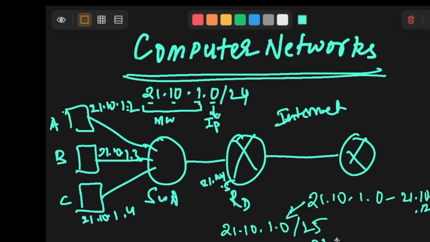That would be in the range of 21.10.1.128 to 21.10.1.255. So these could be used for engineering. And the network IP for this would be 21.10.1.128/25. So I have divided 21.10.1.0/24 into /25 networks, where I have made two networks, one for the finance department and one for the engineering department.